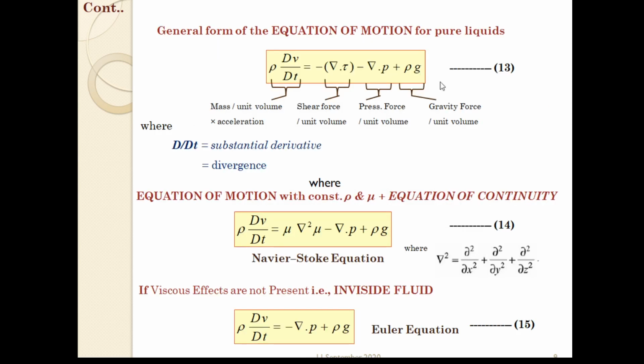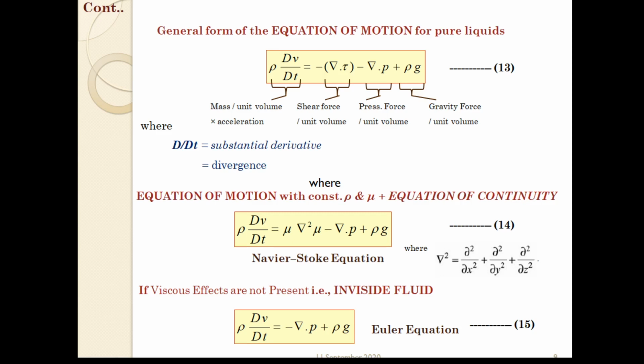After simplifying it we have this general form of the equation of motion for pure liquids, that is rho Dv Dt equals minus divergence of tau minus divergence of p plus rho g. This equation in tensor notation is known as the equation of motion.